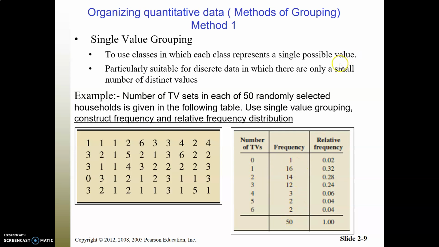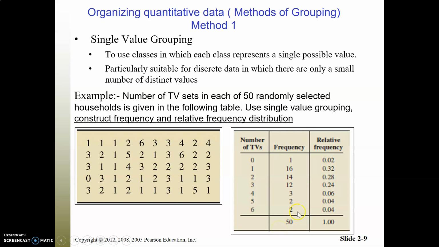Note that when I added all these numbers, the answer comes out to be 50, and it has to be 50. Why? Because these are the total number of observations. So remember, the sum of all frequencies is always equal to the total number of observations.